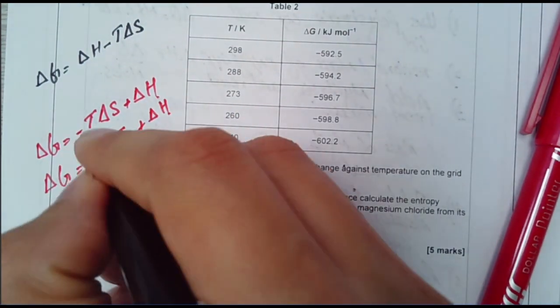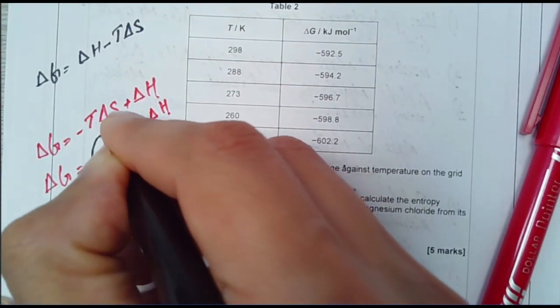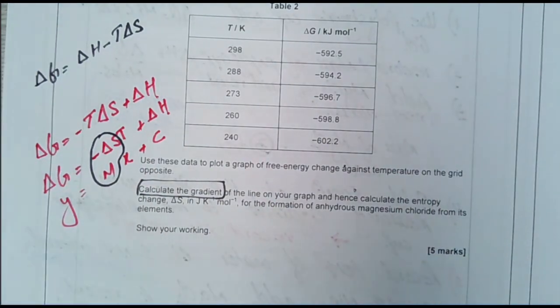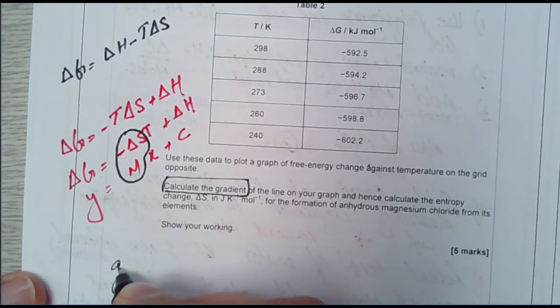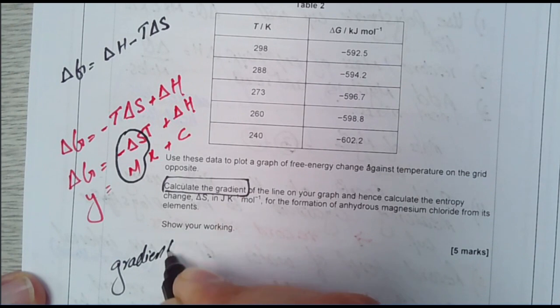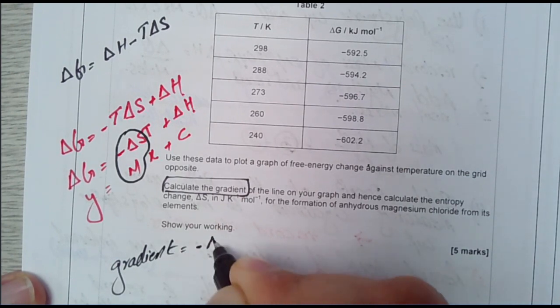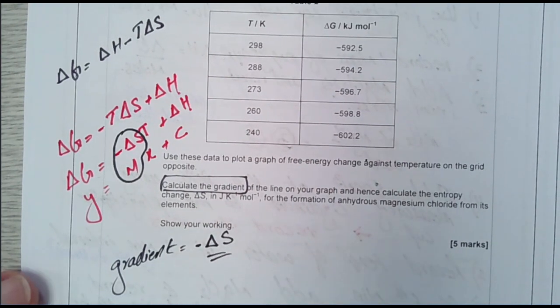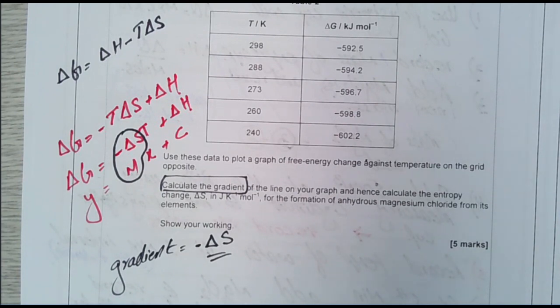In this case, minus delta S is my gradient. So whatever the gradient is for this graph, that will be your minus delta S value.